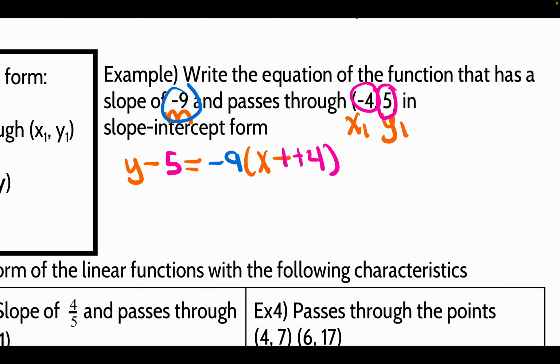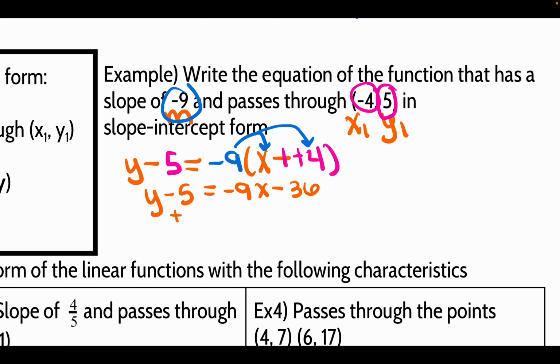Okay, next step is to just distribute your slope. So distribute the -9. So we have y minus 5 equal to -9x minus 9 times 4, which is 36, so the negative becomes -36.